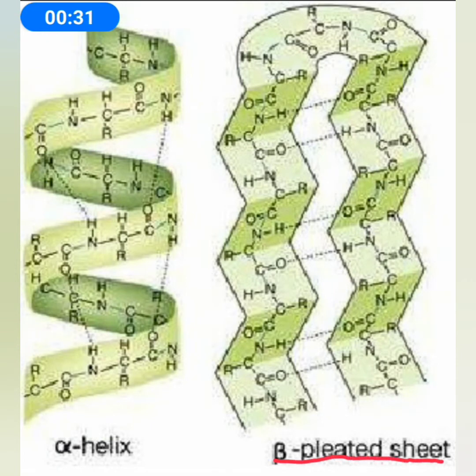Now these beta sheets, as you can see here in the figure on the right, are formed when two or more polypeptide chains in their fully extended form are brought together side by side. You can see this is one polypeptide chain and this is another polypeptide chain.